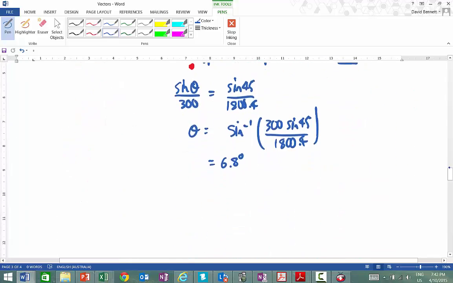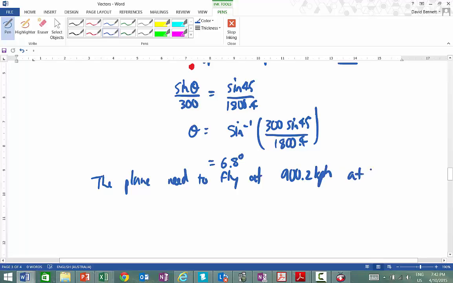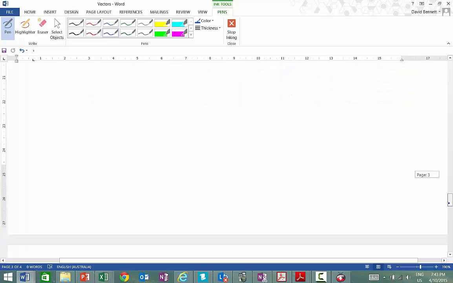So therefore, the plane needs to fly at 900.2 kilometres per hour at 186.8 degrees true for 2 hours. If we fly for 2 hours in that bearing, we're going to end up in town B, which is what we want to do. So that's our first example.